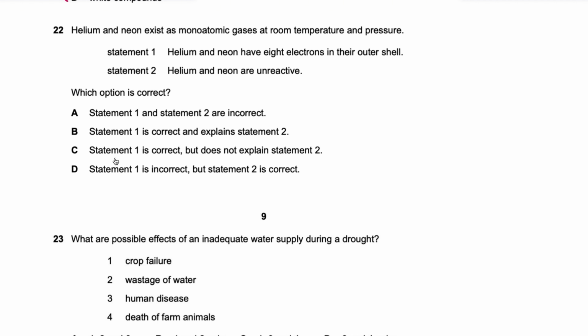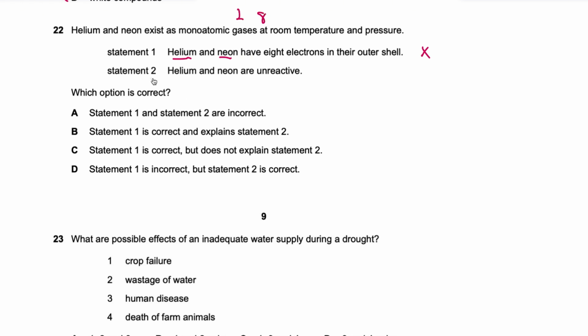Statement 1 is incorrect, meaning it's not correct, right? Because helium only has 2 electrons. The atomic number is 2, so the number of protons is 2 and the number of electrons is 2. But neon, that has 10 as atomic number, the first shell will hold 2, the second shell will hold 8. So this one has 8.